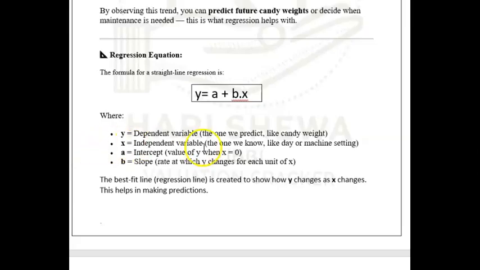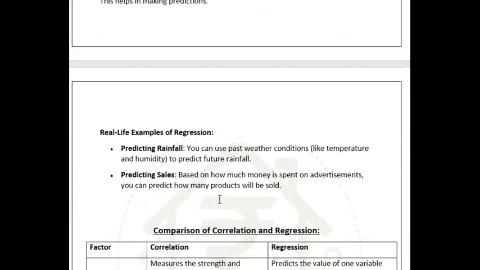X is the independent variable, the one we know, like the day of machine setting, which day we have to do the calibration. A is the intercept, the value of y when x is 0. B is the slope, the rate at which y changes for each unit of x. The best fit line, called the regression line, is created to show how y changes as x changes. This helps in making predictions.